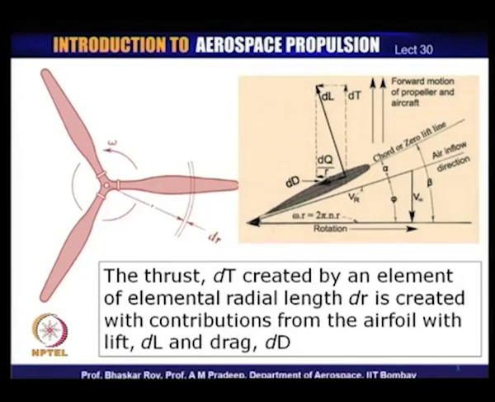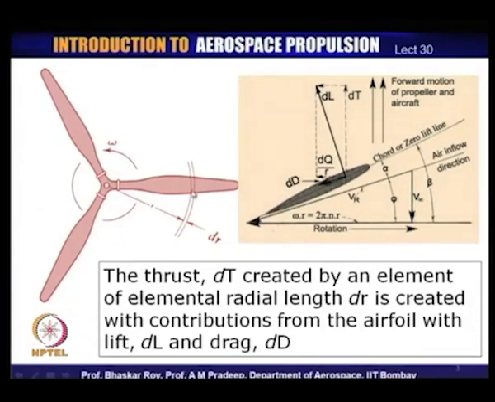On the left side, we have let us say a 3 bladed propeller, which is in rotation with an angular velocity omega. And if we take one blade section here, which has a radial depth of dr, this is the blade section which is representative of the propeller.